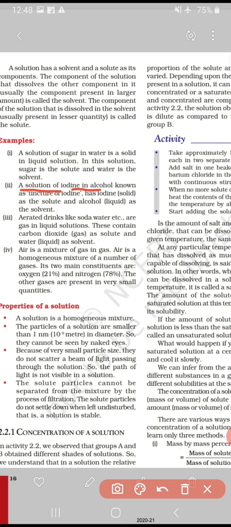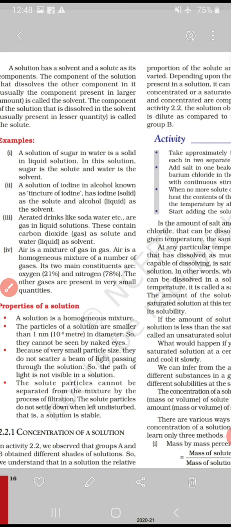Here alcohol is a solvent and iodine is a solute. Very simple. Solute is usually present in a lesser quantity in the solution, and the solvent is present in a large amount in the solution. Solution में solvent large amount में present होता है. So clearly we can identify whether it is solute or solvent.